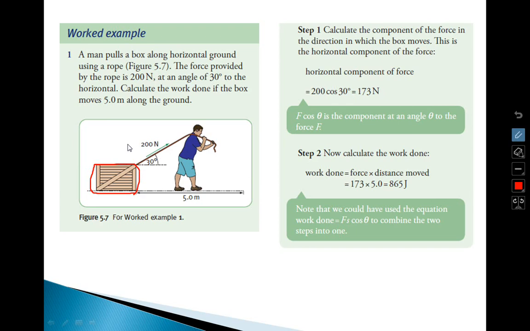The force provided by the rope is 200 Newton, so F is equal to 200 Newton.